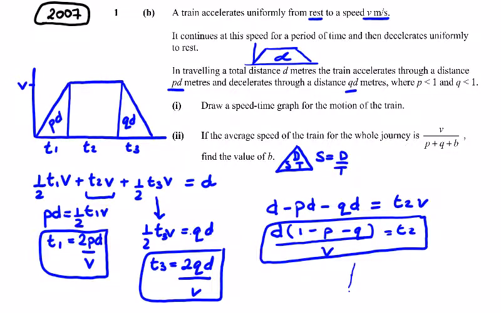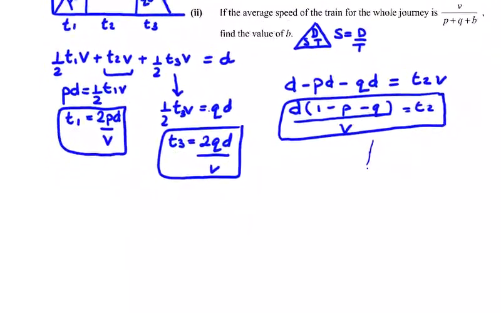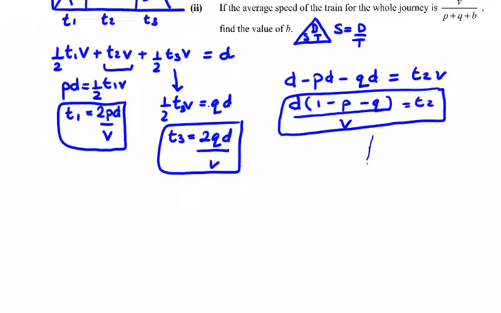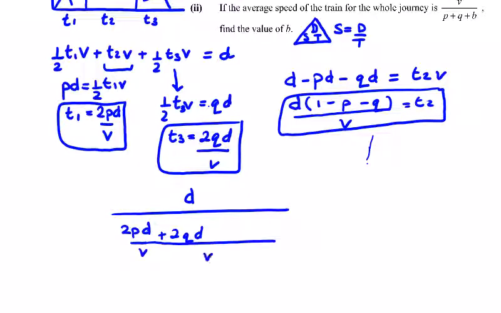So they're the times. T1, T2, and T3 are the times. So distance over time. Let's look distance, which is d, divided by time, which is 2pd over v plus 2qd. Well, they're all over v actually. Let's just put them all over v. Just put one v in the middle.